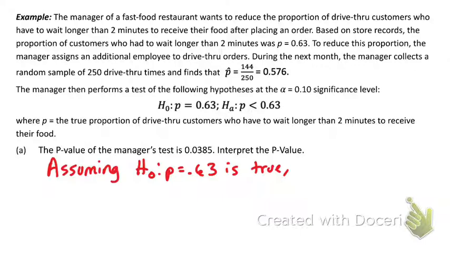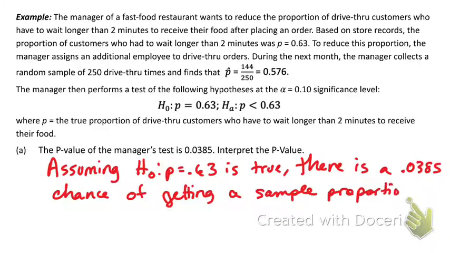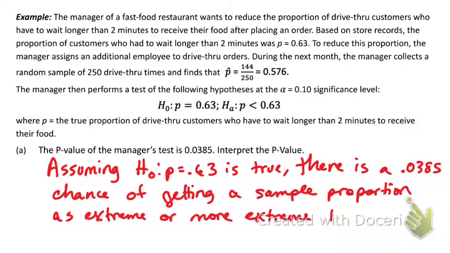Assuming that that is true, there is a 0.0385 chance of getting a sample proportion as extreme or more extreme than 0.576.